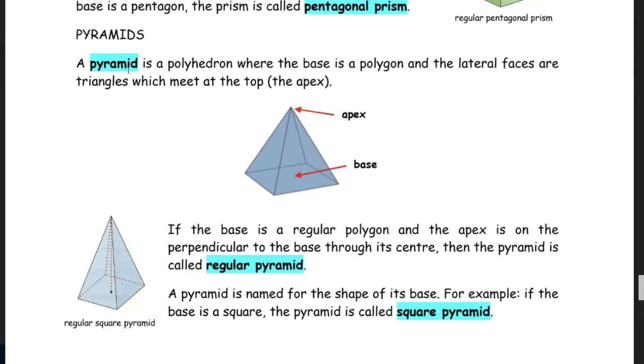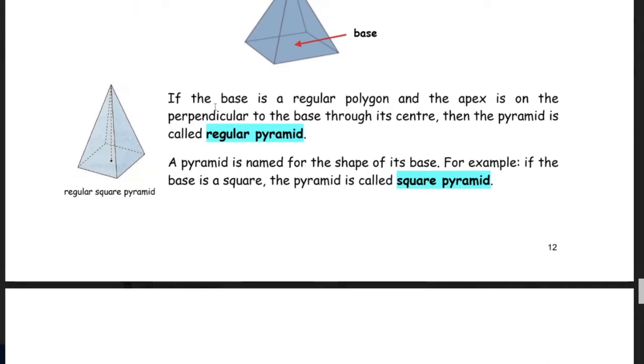But a pyramid has one base on the bottom. And to make the apex, or the point at the top, we use triangles as the lateral faces, not rectangles. So they meet at this point, the apex.